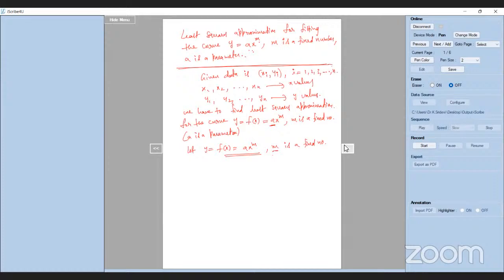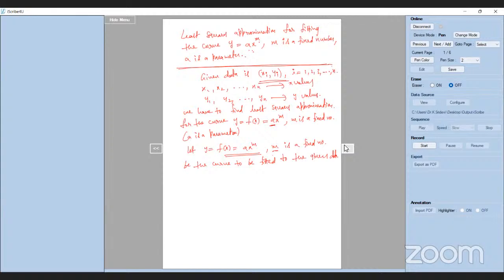Let y is equal to a into x to the power m be the curve to be fitted to the given data. So what is the given data? This one. So now, what is the procedure?